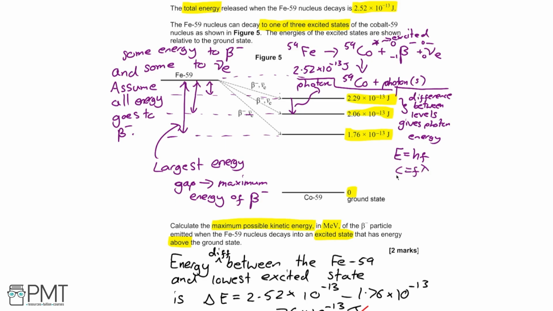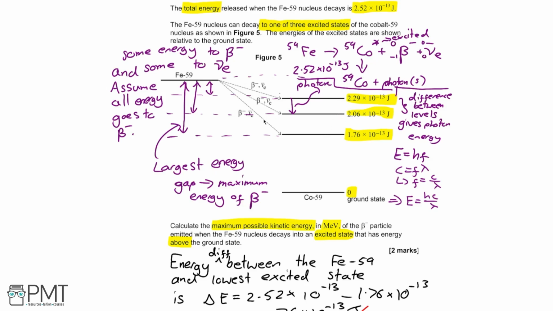We want to form an equation that relates lambda to E. Therefore, we can rearrange c is f lambda to form f is c divided by lambda. Therefore, E is equal to hc divided by lambda, just by substituting the equation for f into the equation for E. Therefore, one specific energy difference gives one specific wavelength.